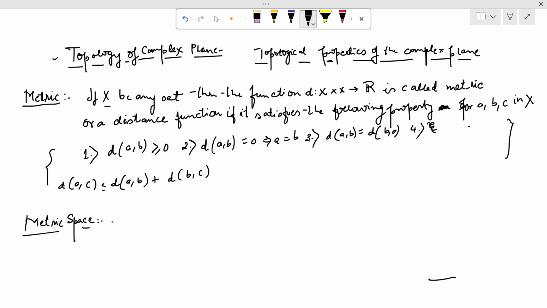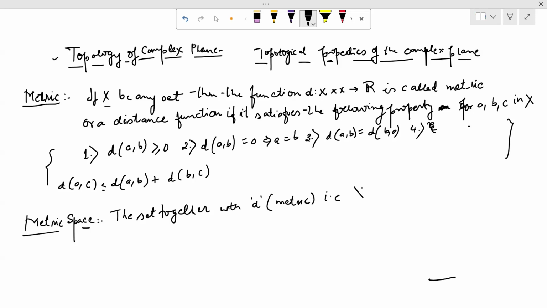So what is a metric space? A metric space is nothing but a set together with this distance d, that is, a metric.